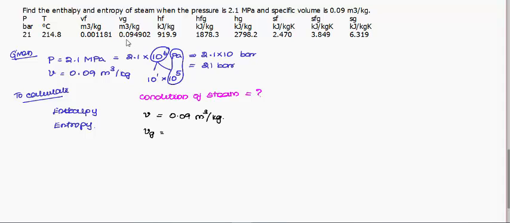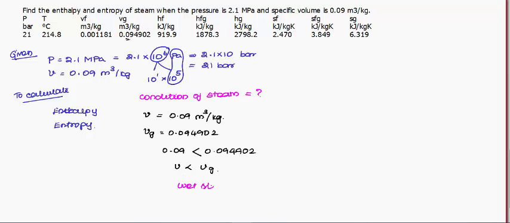The Vg value is 0.094902. Compare 0.09 and 0.094902. Which one is greater? 0.0949 is greater than 0.09. So V is less than Vg. Therefore the condition of steam is wet steam.